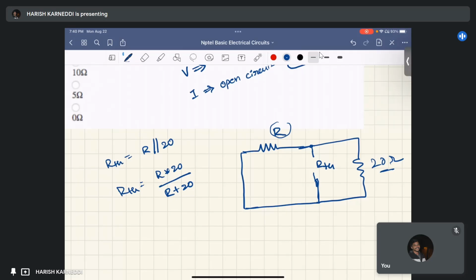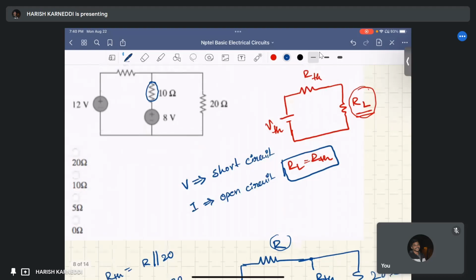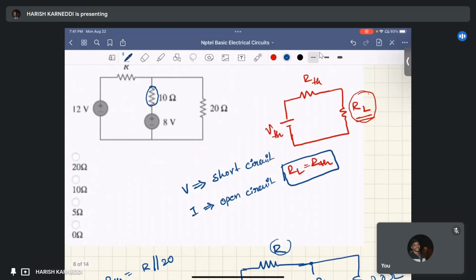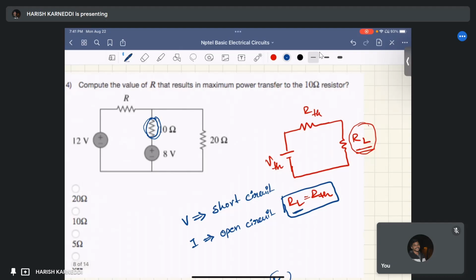This is our Thevenin's resistance. But the thing is, to deliver the maximum power to this load resistance, which is 10 ohm, the Thevenin's resistance seen from this 10 ohm should be equal to the load resistance, which is 10 ohm, right? Here we just found this RTH. Here our RL equals 10 ohm.